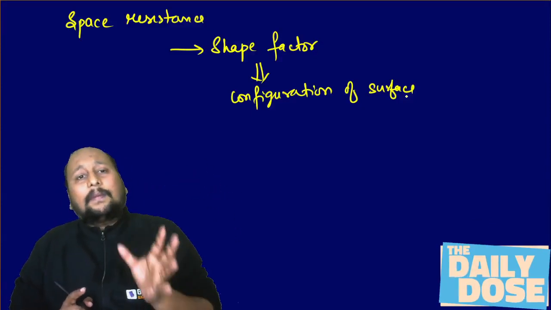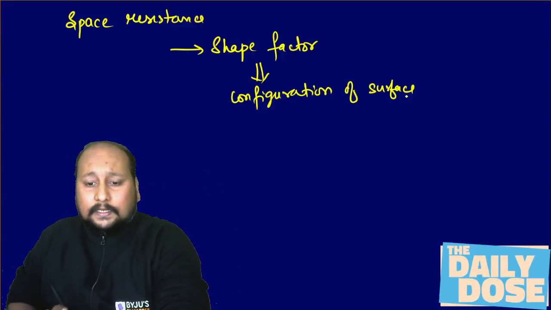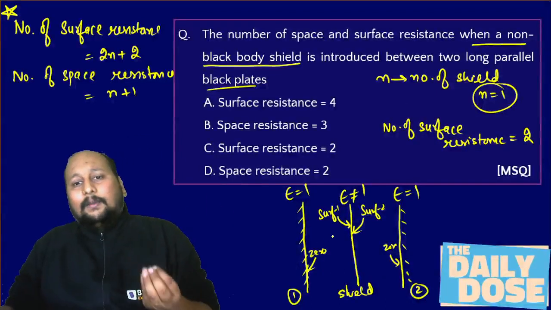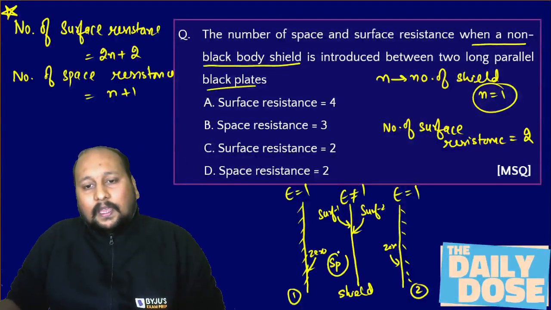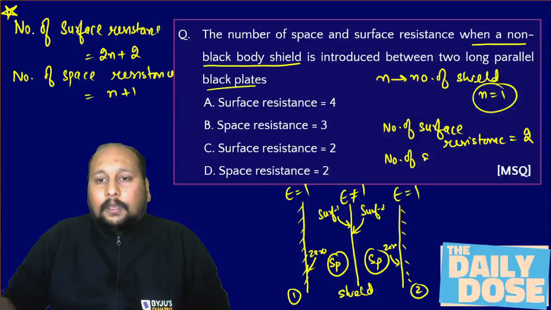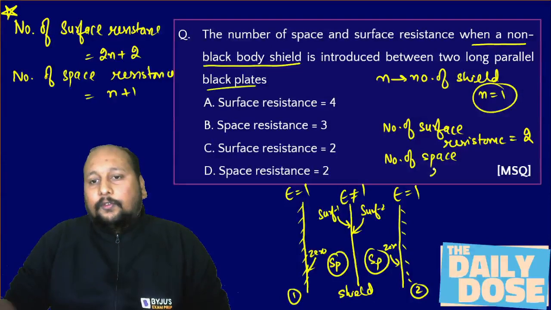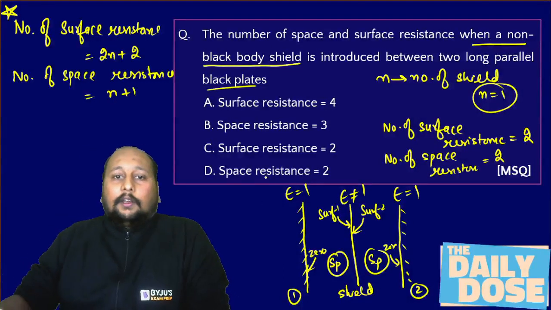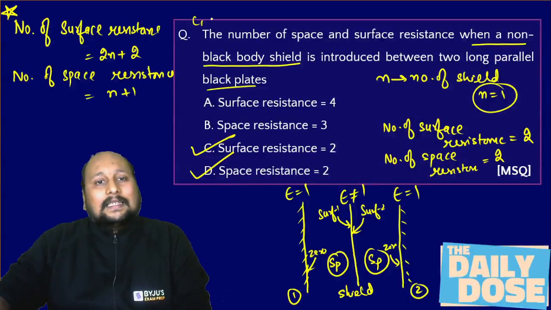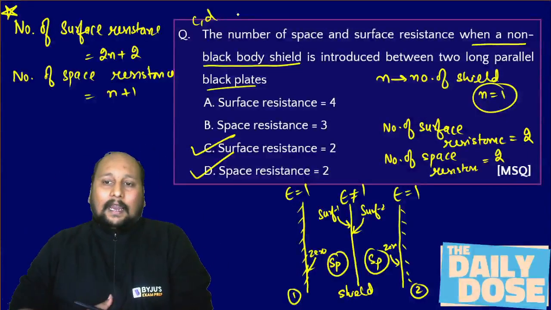So this basically depends upon the configuration of the surface. So definitely, whether it's a black body or a non-black body, it is independent. You will always have a space resistance in between this. So the number of space resistances comes out to be 2. So in total, we have 2 surface resistances and 2 space resistances. Your final answer is C and D, not A and D, right?